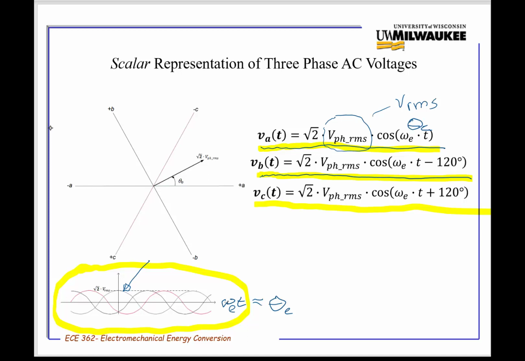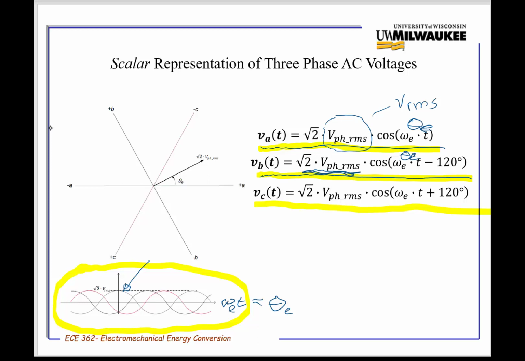There's theta e right there. And if I look at this VB of t, it tells me that I'm going to get a cosine of 0, which will mean that I'm going to hit my peak voltage right here when theta e equals 120 degrees.